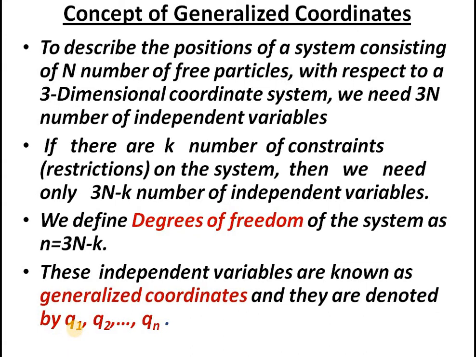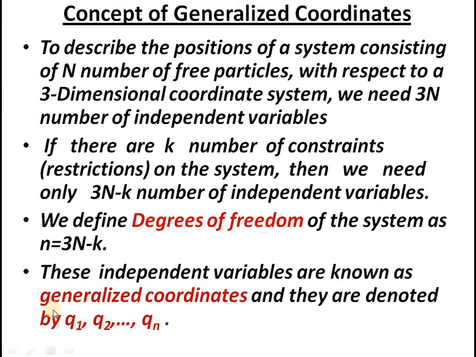Usually we express the coordinates using x1, y1, z1, or like that. But from now onwards we will be using q1, q2, q3 like that. These are the notation used to represent generalized coordinates. Here there are small n generalized coordinates. You know, small n signifies the degrees of freedom.